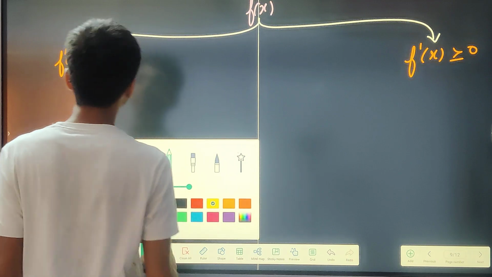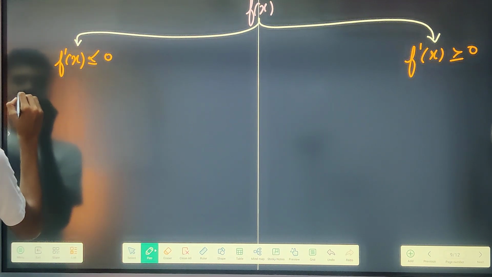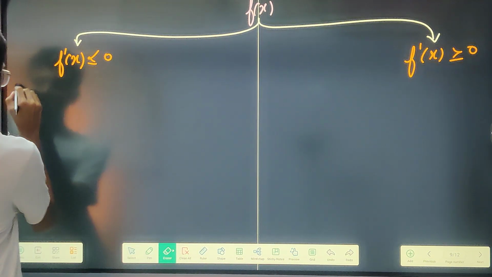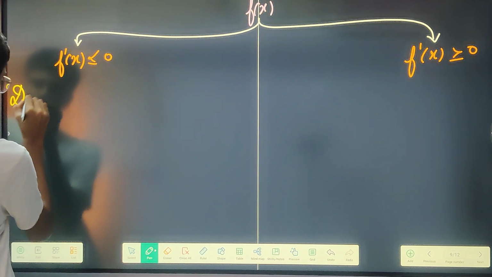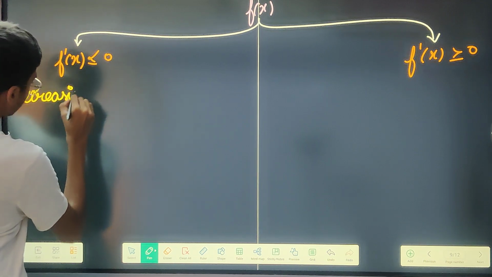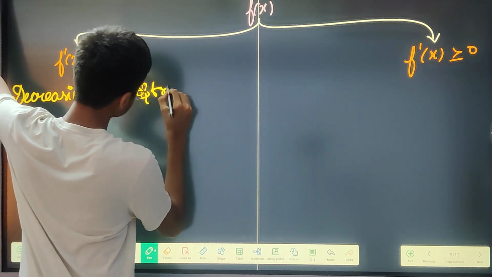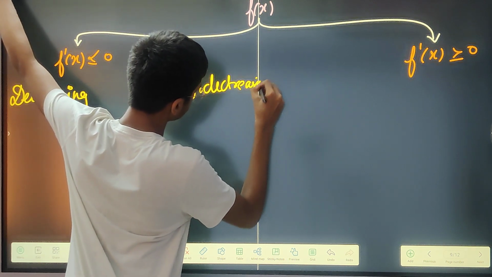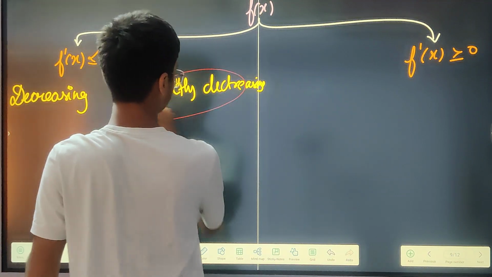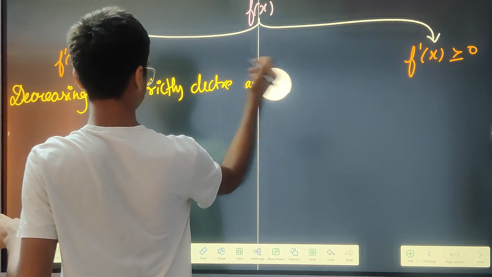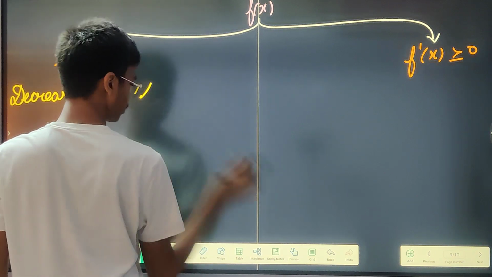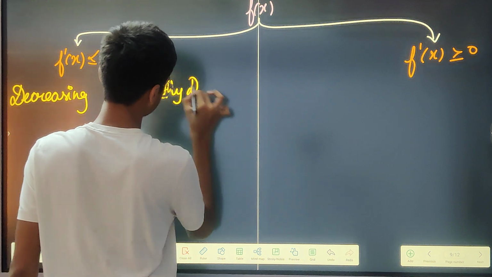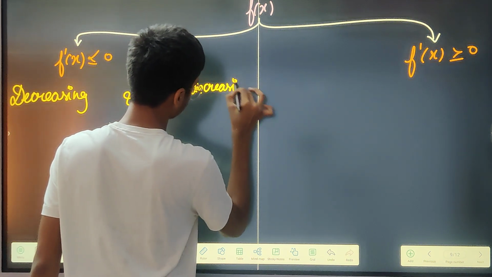So what does it mean? It means that it is either decreasing, or else it is strictly decreasing. Even here they will be saying, decreasing or strictly decreasing.